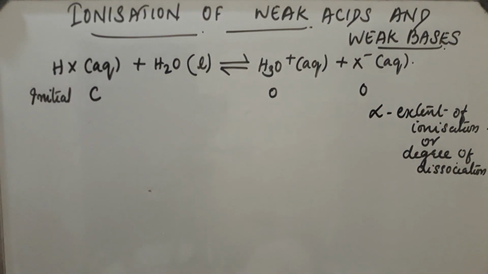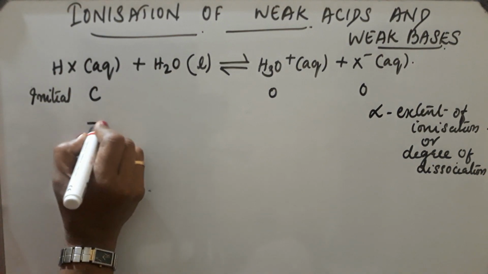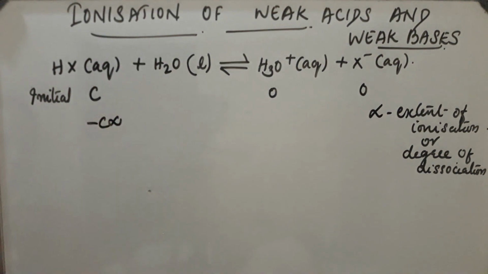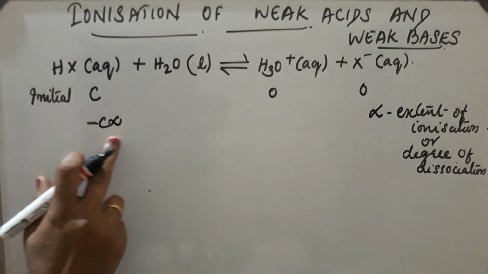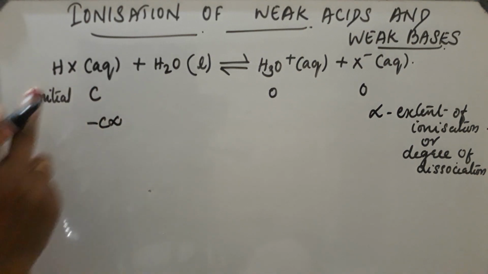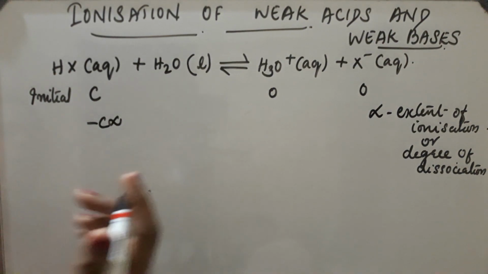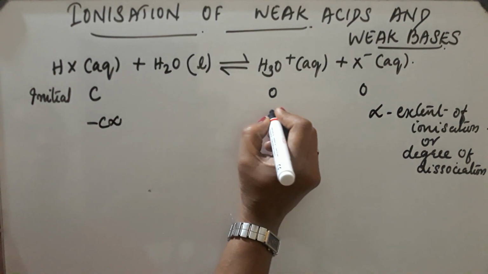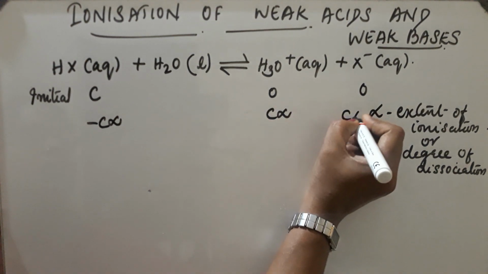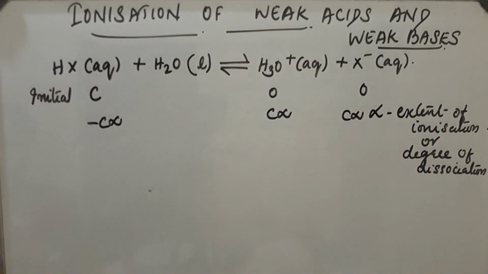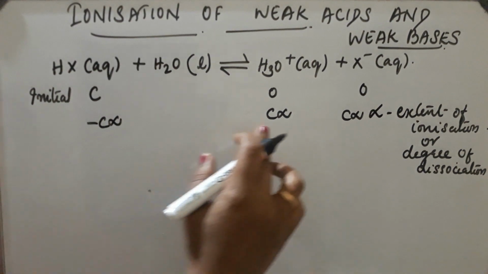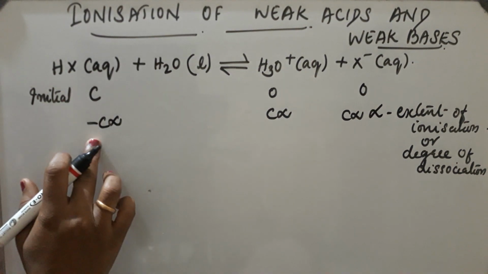So, change in concentration will be minus C alpha. C alpha decrease in the concentration of HX, the reactant acid. Now, what will be in the case of the products? C alpha will be the concentration of the products increases whereas the reactant decreases.